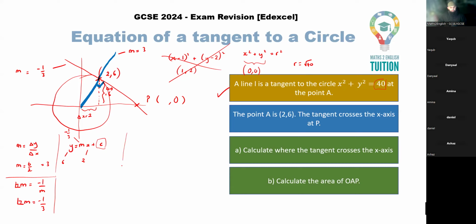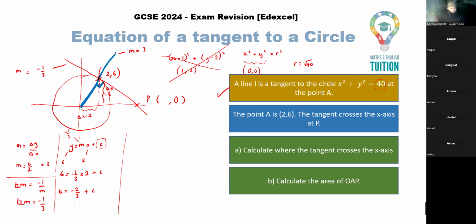So let's do this. At this point, we have 6 equals minus 1 over 3 times 2 plus c. So now we have 6 equals minus 2 over 3 plus c.